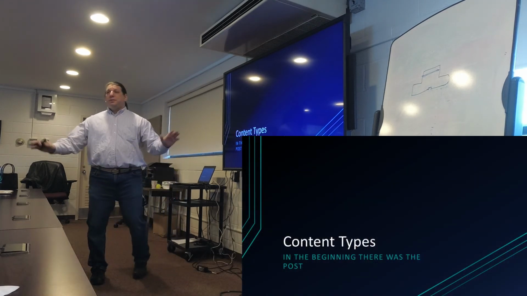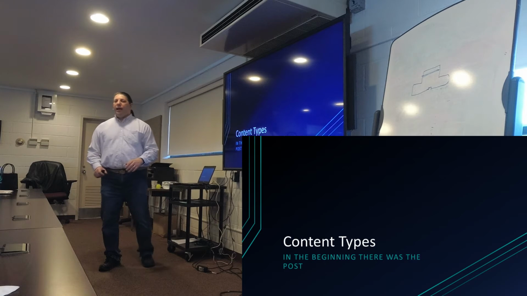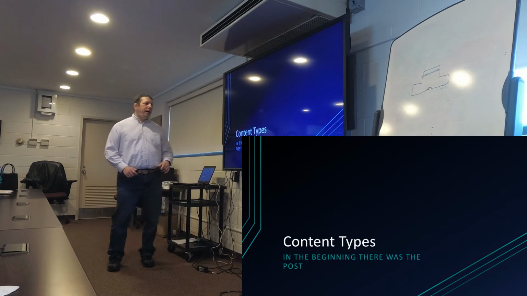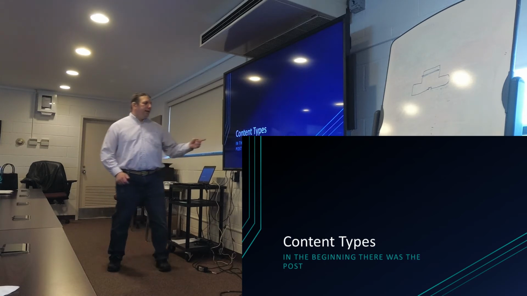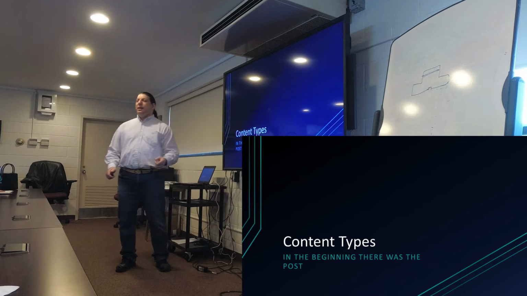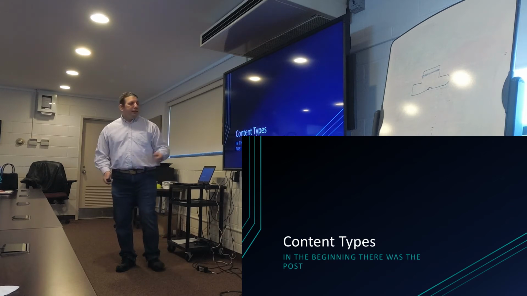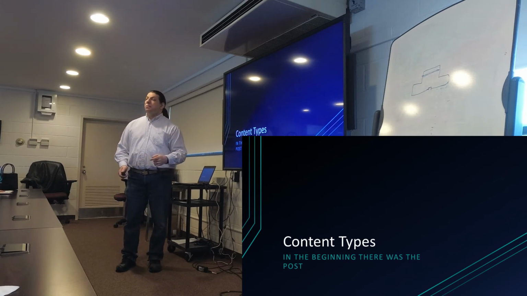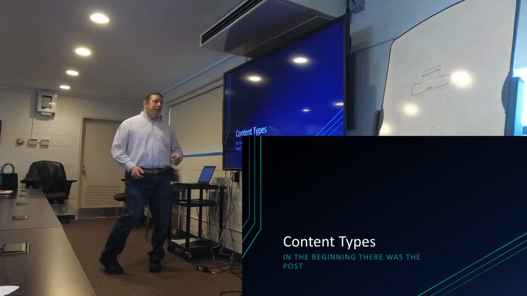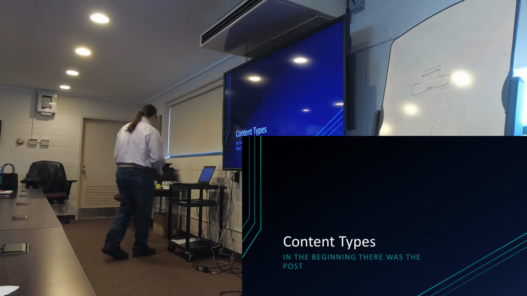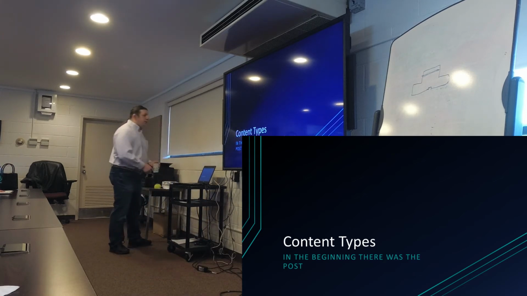Okay, so we've installed WordPress, and we want to add some content. What kind of content can we add to WordPress? I titled this part of the class, in the beginning there was the post, because that's literally what it is, okay? We're going to talk about different types of content that you can add to WordPress.